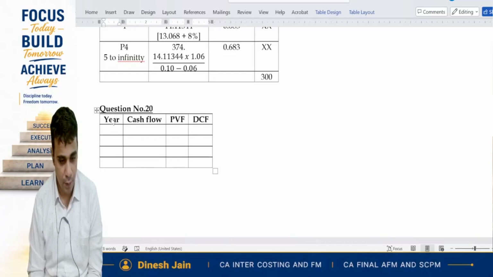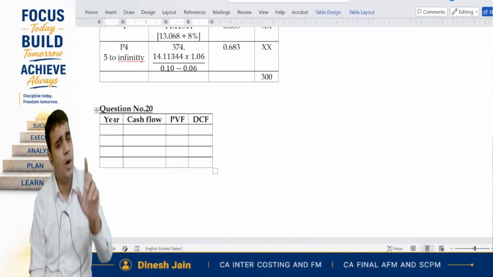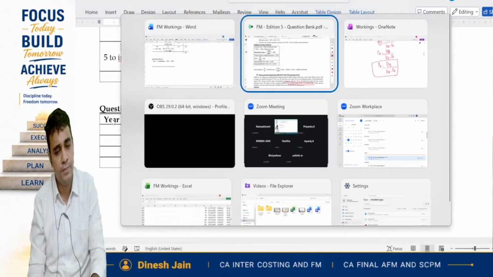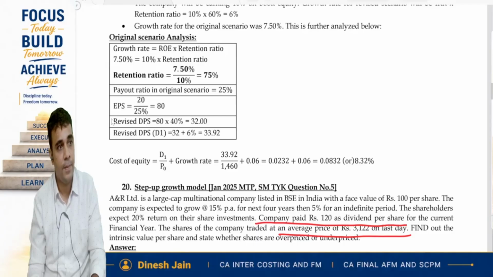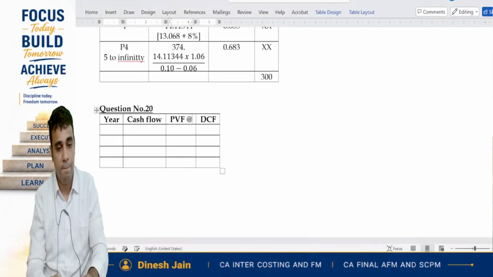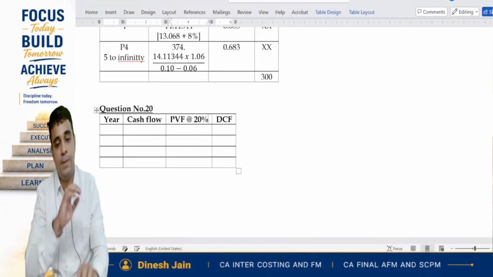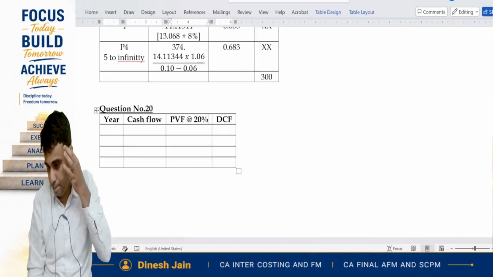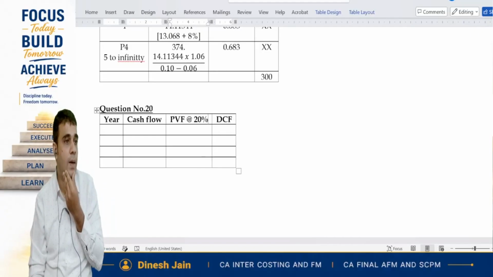Very simple approach. Have they given the cost of equity in the question? How much? PVF at 20%.